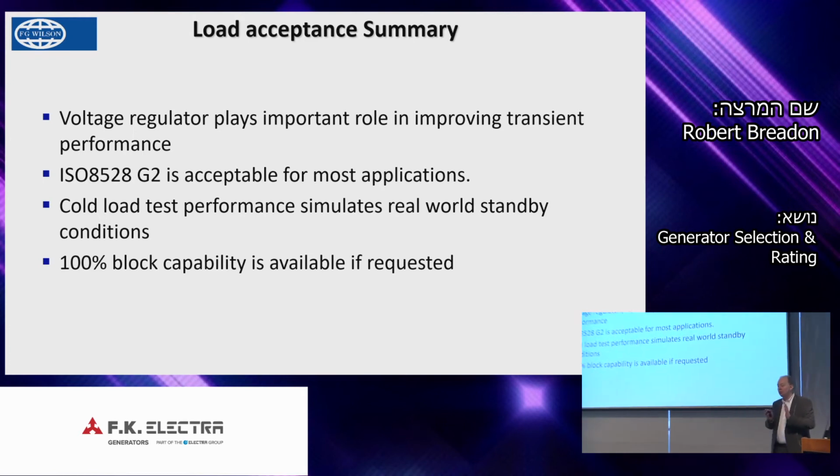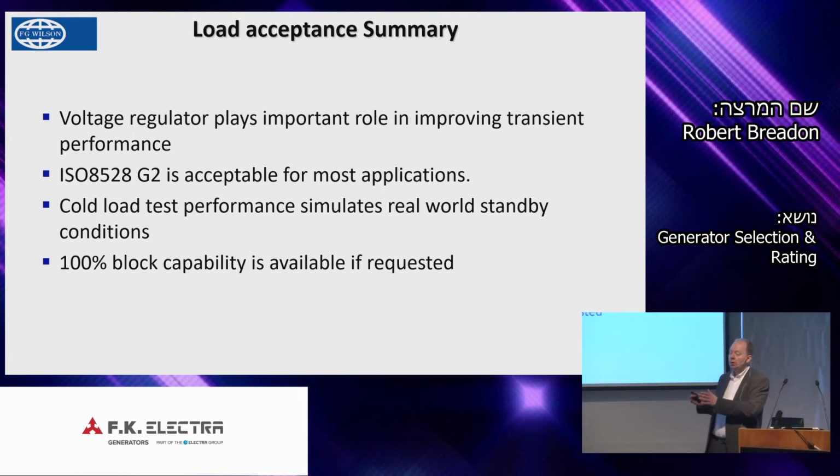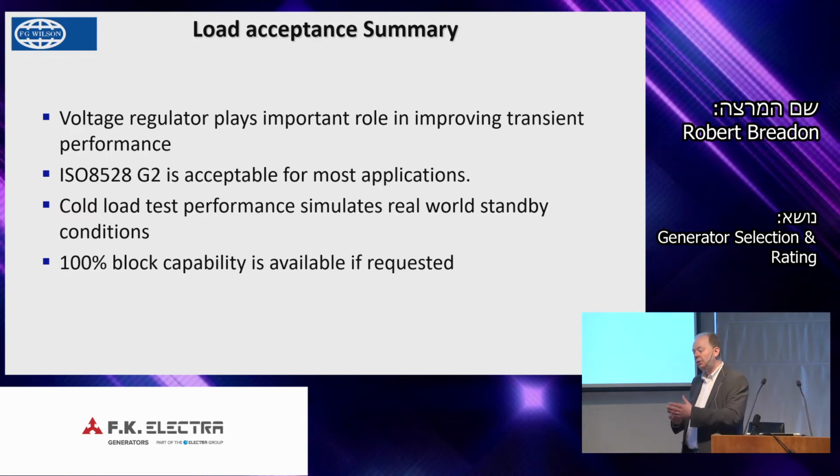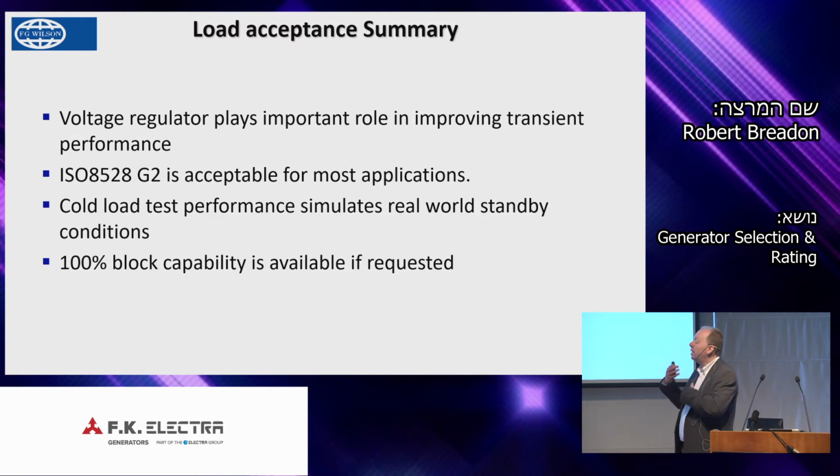It wasn't a G2, it wasn't a G3, it was a G4. Because if we didn't start the motors and we allowed voltage to stay on, the motors would just have burnt out. So in some cases, you have to be very careful with your selection for specific projects. As I say, the majority of applications in the world, G2 is more than acceptable for them.